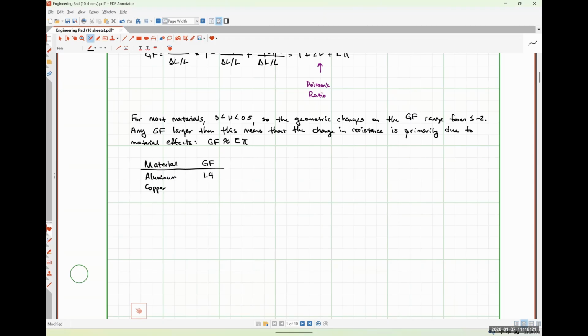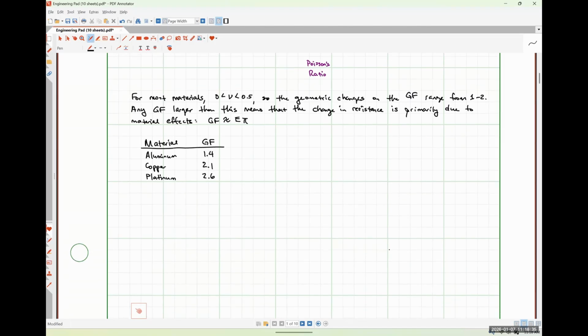Copper has a gauge factor of 2.1, also still relatively low. Platinum has a gauge factor of 2.6.